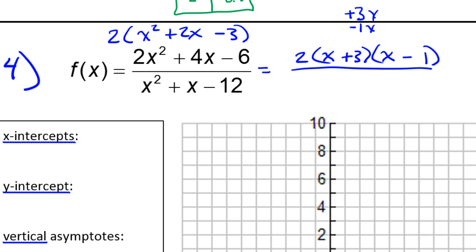So now that I have factored it, I can set the numerator equal to 0. If I set the numerator equal to 0 and solve it, you would solve this by setting these factors equal to 0. You know what I mean? So that would be x plus 3 equals 0 and x minus 1 equals 0.